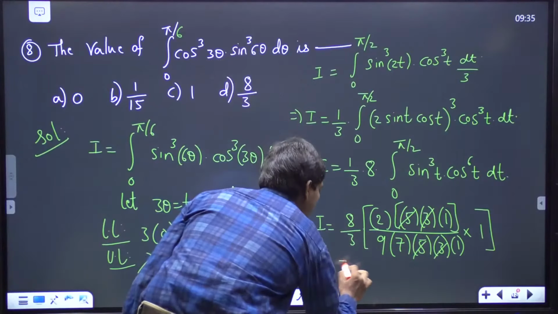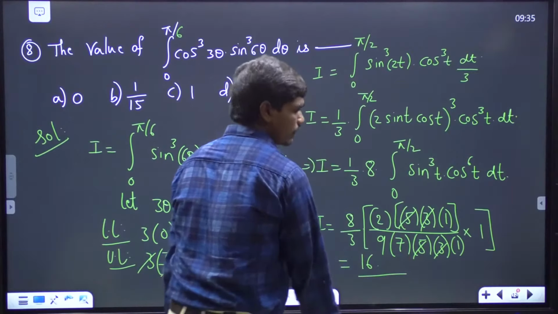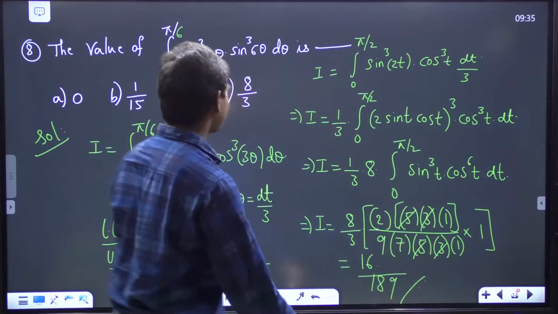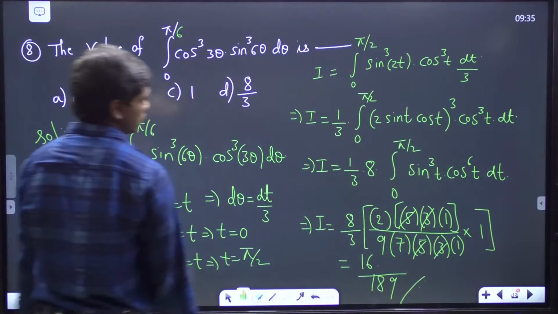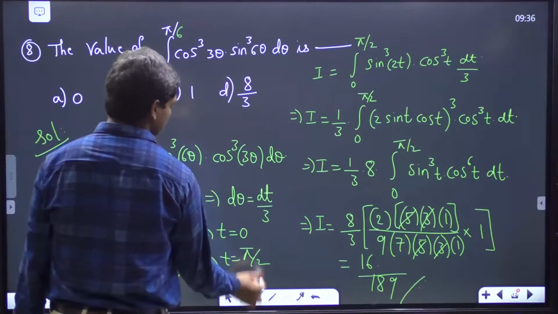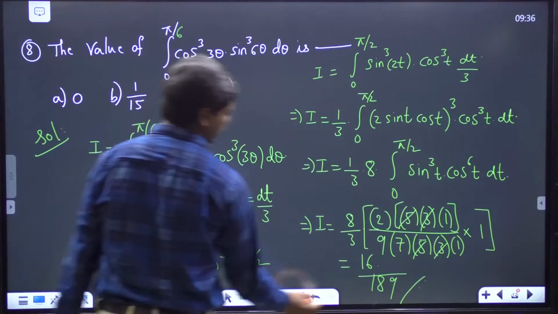So if you simplify the things, 2 8s are 16 divided by 27 into 7. 27 into 7 gives you 189. So this is the actual answer for this. Okay, 16 by 189. So you can write this answer as 16 by 189. Okay.